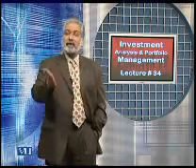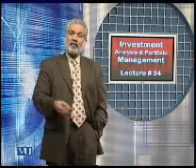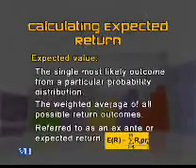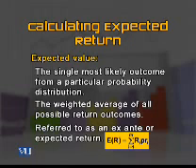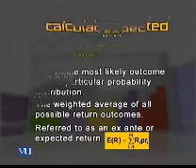Expected returns will be different from realized returns. So you'll have a difference between your expected cash inflows and what will actually be shown on your balance sheets. We need to calculate expected returns, and we need to calculate realized returns.